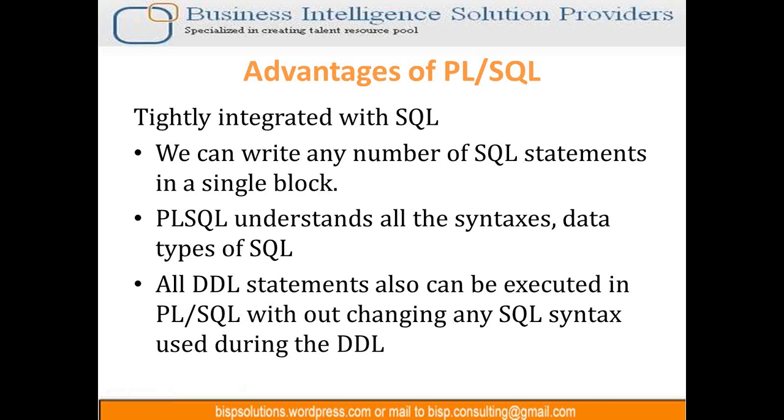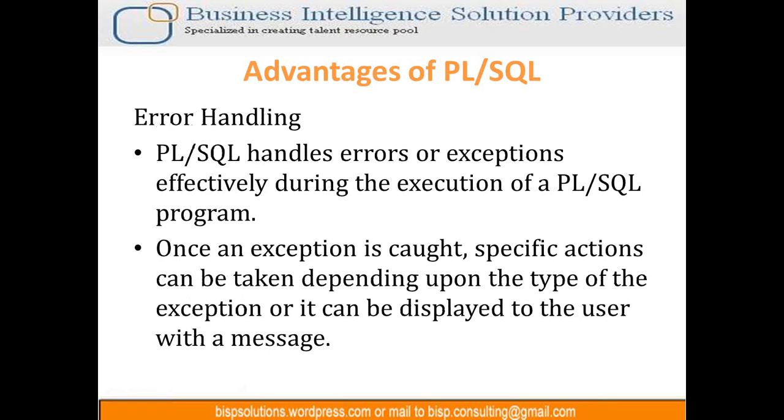And in PL/SQL we have beautiful error handling. You can define a user-defined error message and pass it to the UI, and we can display it accordingly. Otherwise the PL/SQL program will execute abnormally.